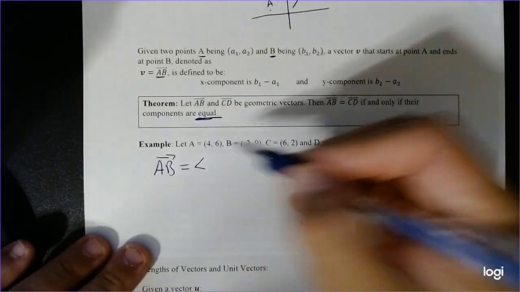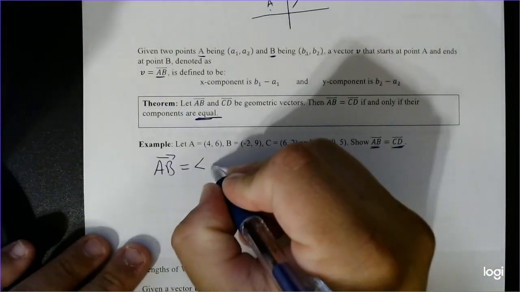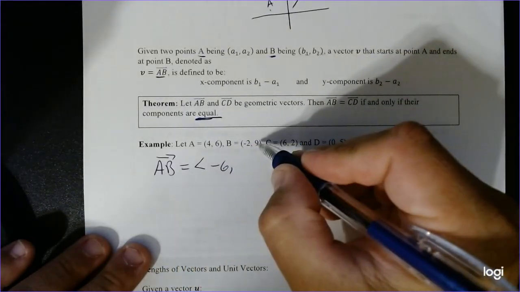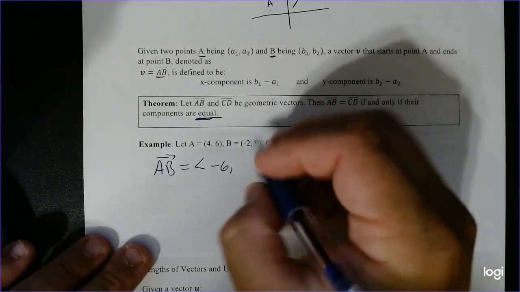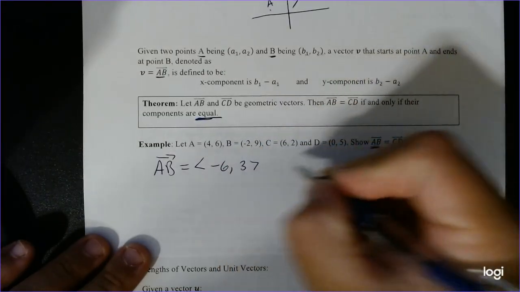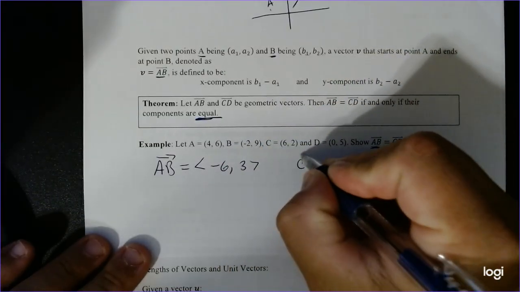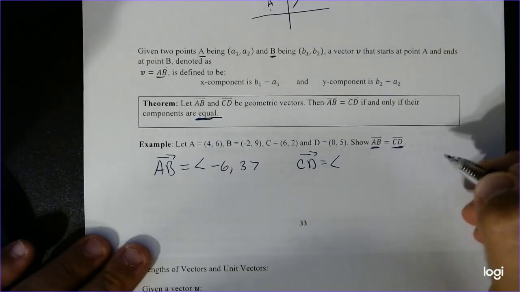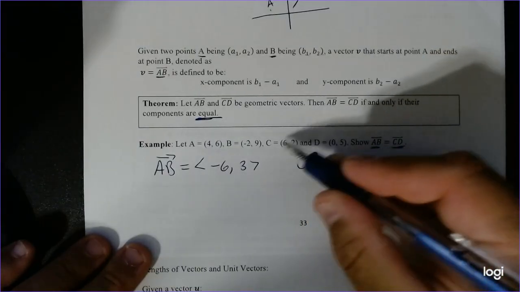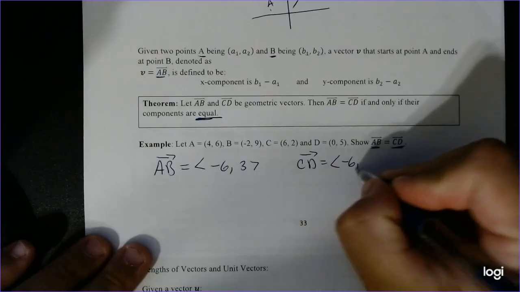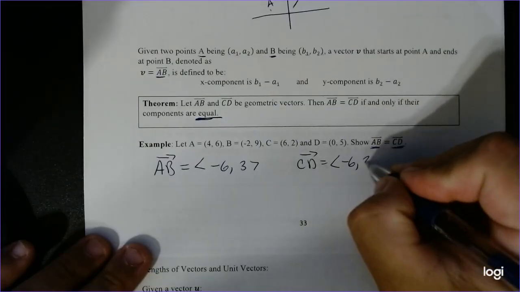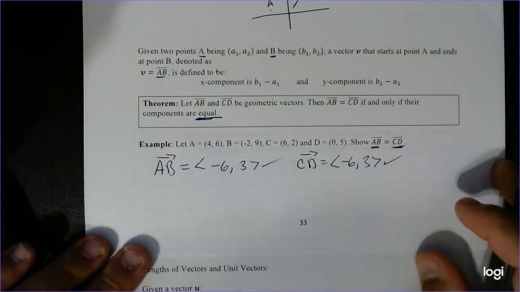So -2 minus 4 gives you -6. And then the next one, 9 minus 6 gives you 3. And then CD: 0 minus 6 is -6, and then 5 minus 2 gives you 3. And notice they're the same.